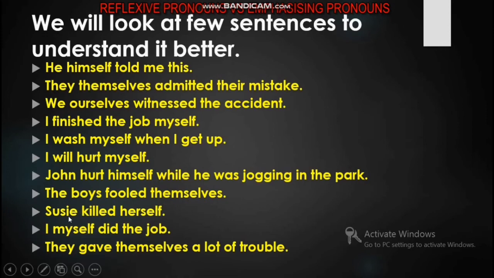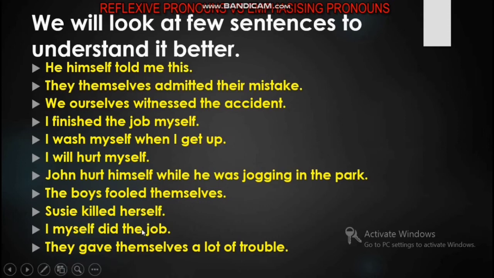Here Susie is the subject and herself is used for the females. So here it is receiving the action of killed and reflecting back again, so here the doer and the object, or the subject and the object, are the same. Subject and the object of the verb killed are the same. So here herself is a reflexive pronoun and not an emphasizing pronoun.